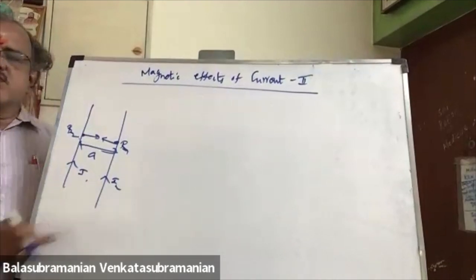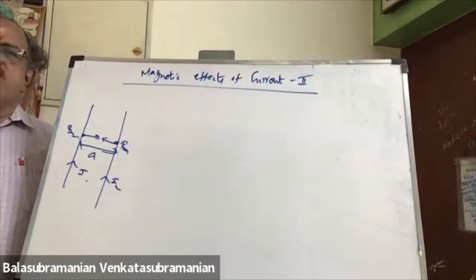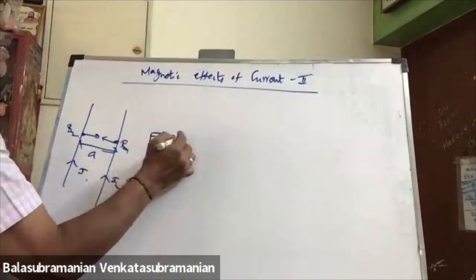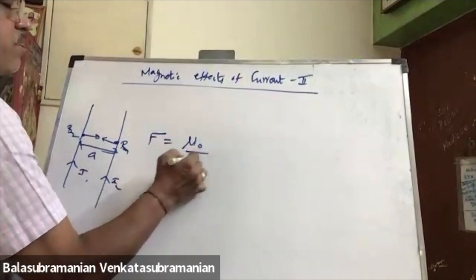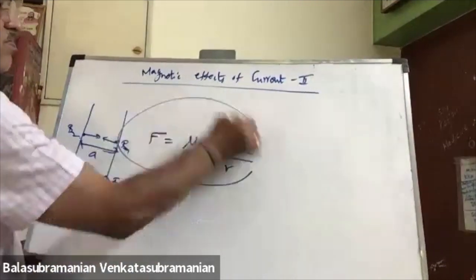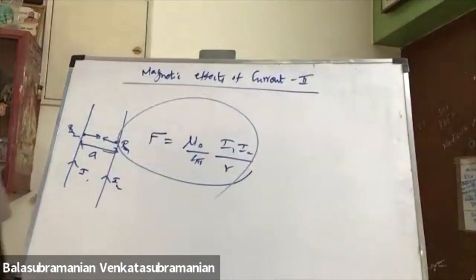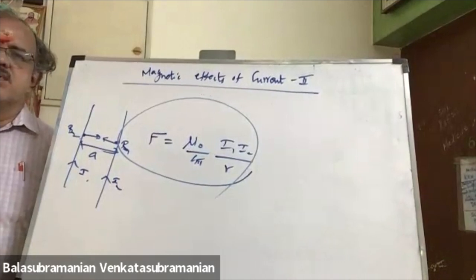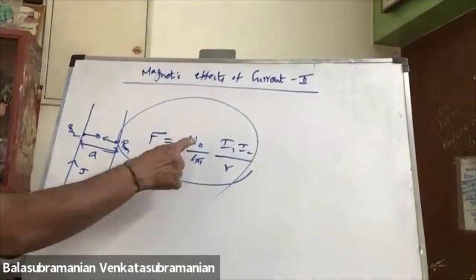So when current flows in the same direction in both wires, the force of attraction takes place: mu naught by 4 pi I1 I2 by R. In a given medium, this should be mu.